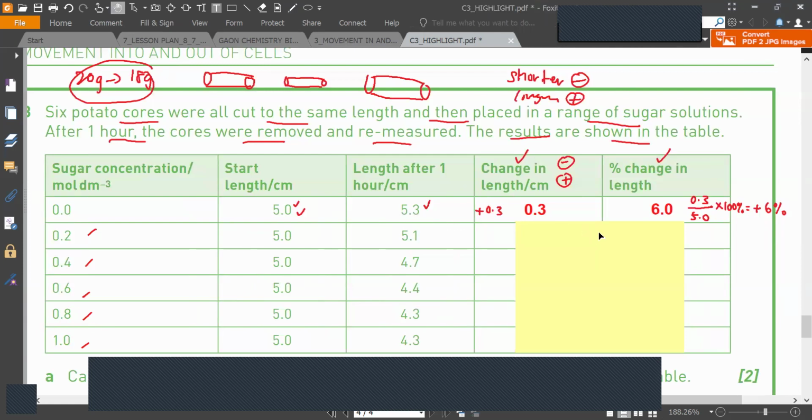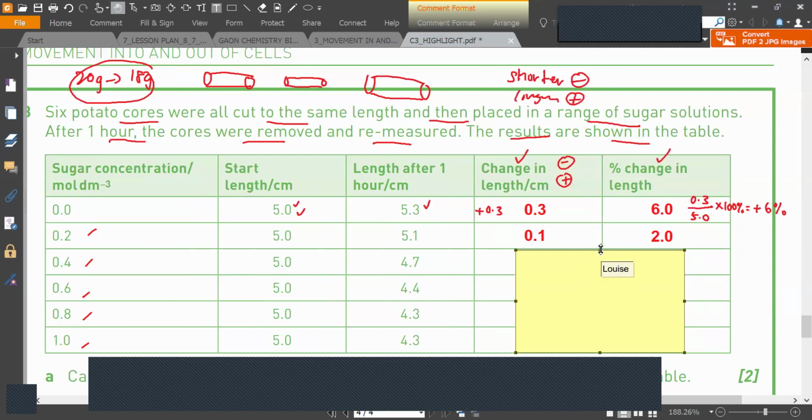And the percentage is 2%. Correct, excellent. Minus 0.3, yes. So minus 6. Okay, excellent. Minus 0.6, so minus 12.